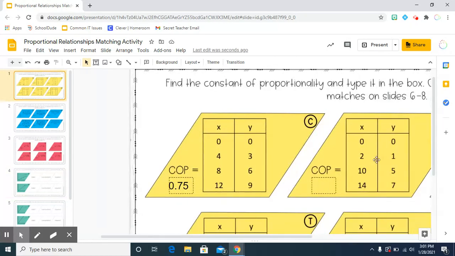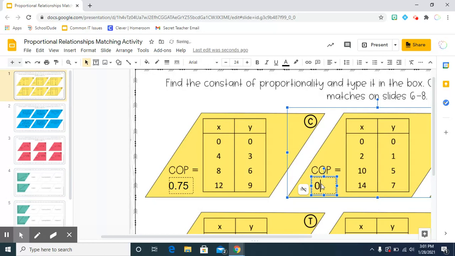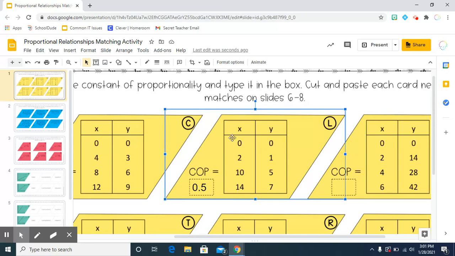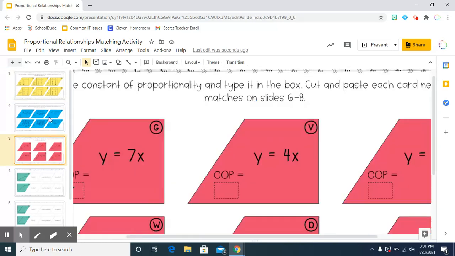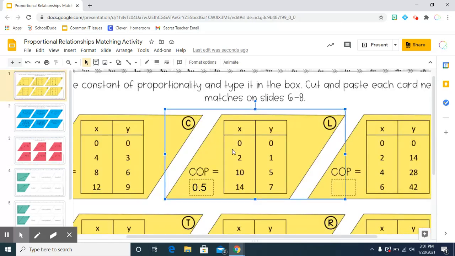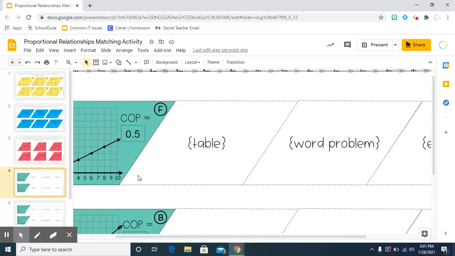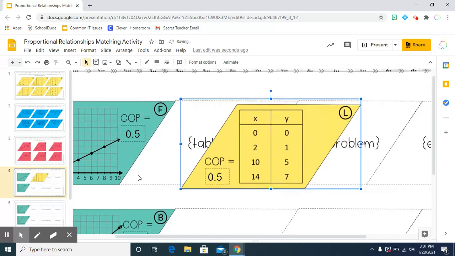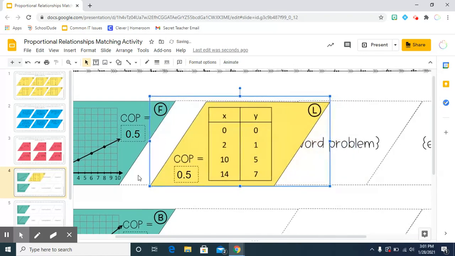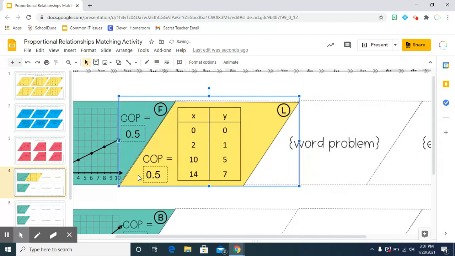Up here, I notice that this graph also has a constant of proportionality of 0.5 because I did my y divided by my x, which is 1 divided by 2. So when I find out that two different problems have the same constant of proportionality, I'm going to copy that and paste it onto the sides of my graphs. And then all you have to do from here is just match it up so that it roughly fits right next to it and do the rest of the problems.